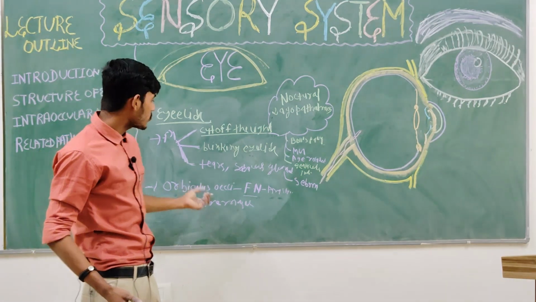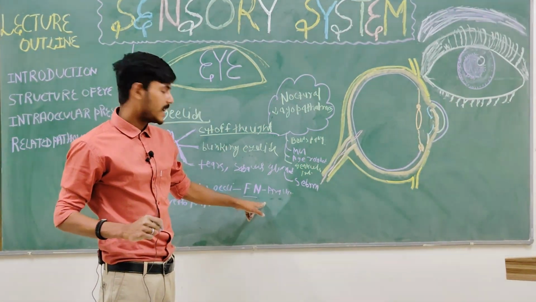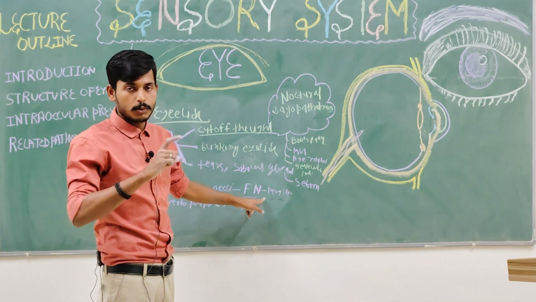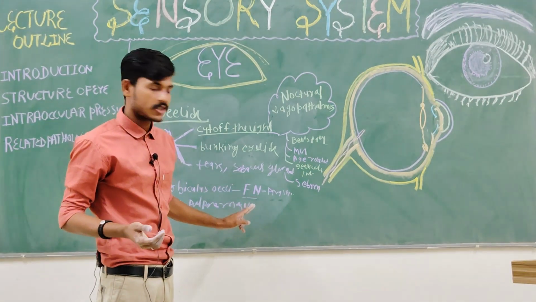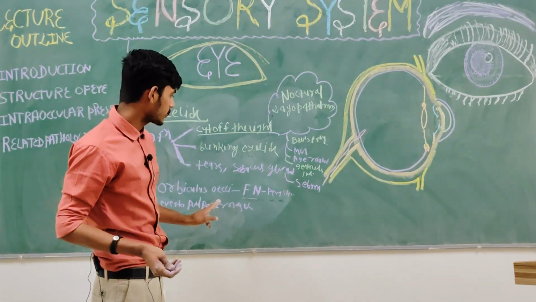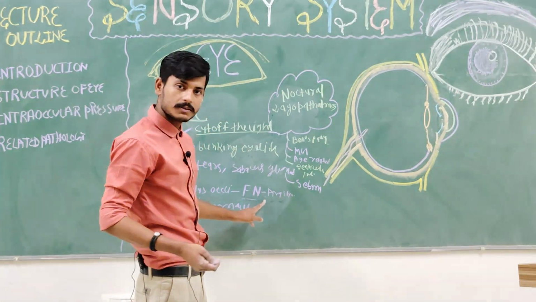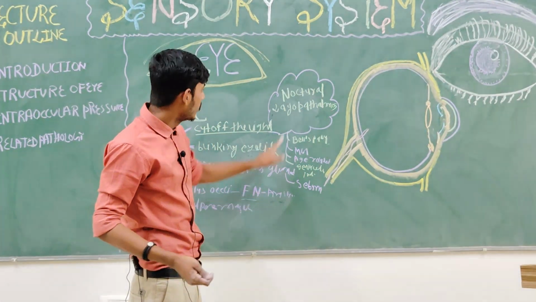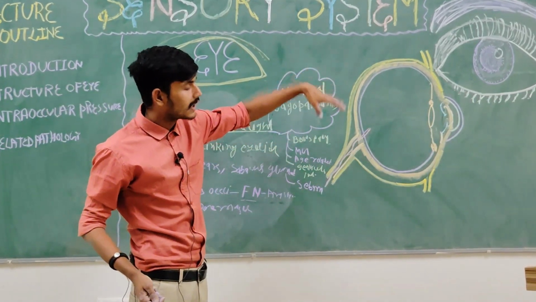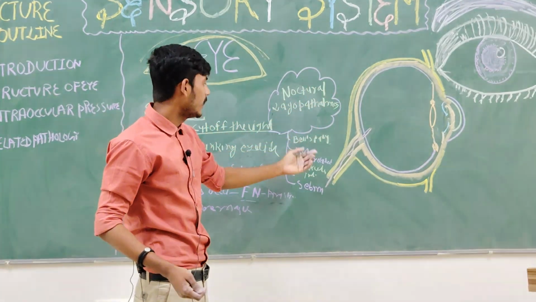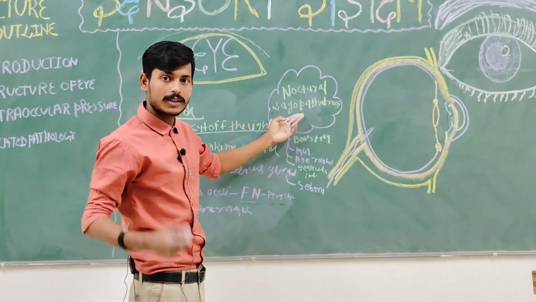Now the orbicularis oculi muscles are supplied by the somatic nerve as well as the parasympathetic nerve, and both are part of the facial nerve. The facial nerve supplies the orbicularis oculi muscles. Sometimes, due to palsy or damage of this nerve, patients are unable to cover their eyelids while sleeping, and that condition is called nocturnal lagophthalmos.